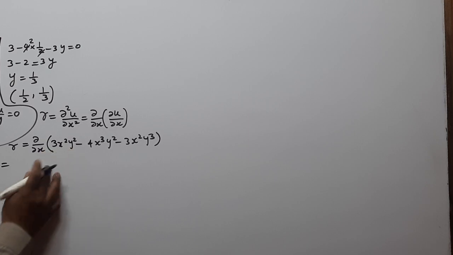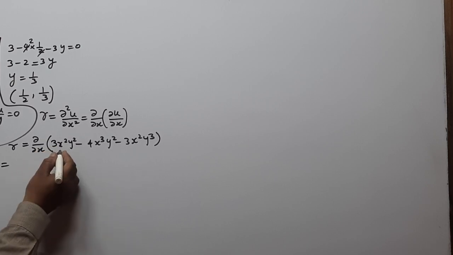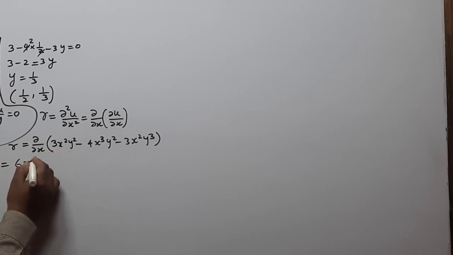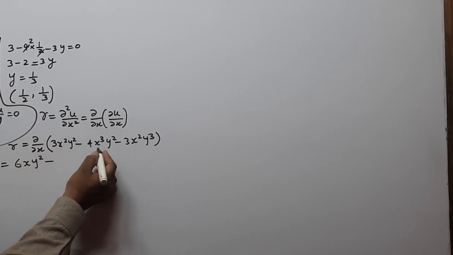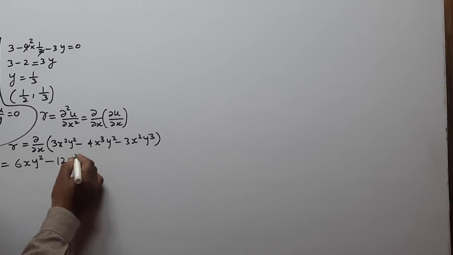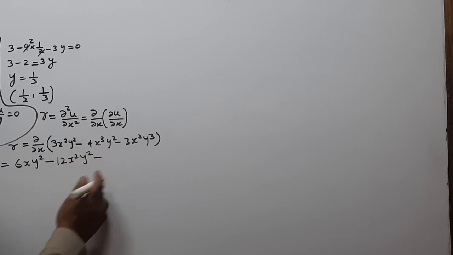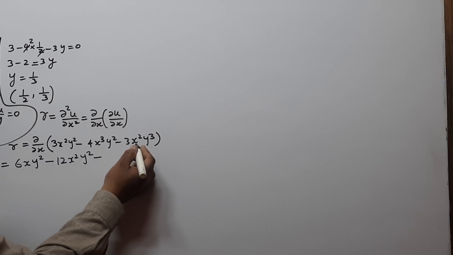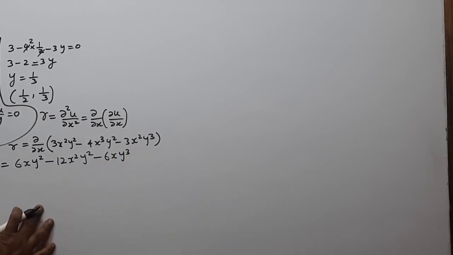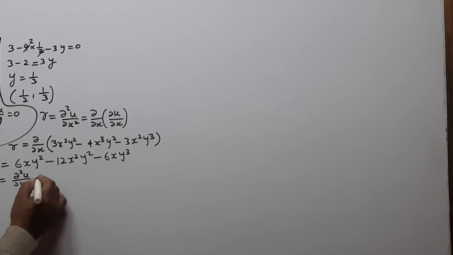Now we differentiate with respect to x, so 3y square is constant and differentiation of x square is 2x, so this becomes 6xy square. Now 4y square is constant and differentiation of x cube is 3x square, so this is 12x square y square minus here differentiation of x square is 2x, so this is 6xy cube. So this is r.